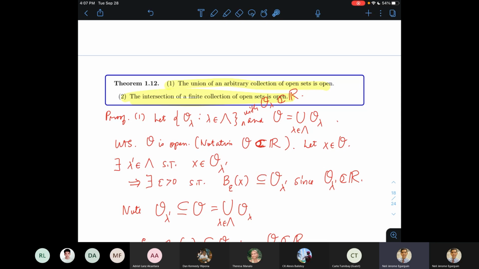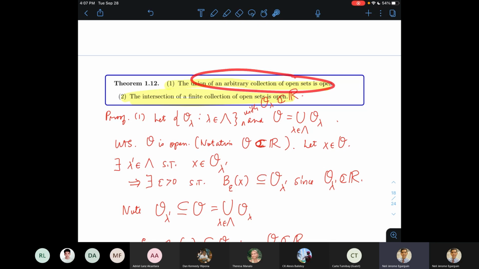A counterexample na hindi finite collection pero ng mga open sets tapos yung intersection niya ay hindi open. Probably that would be one problem in the upcoming problem set. So start thinking about that. What would be a counterexample to the statement the intersection of an arbitrary collection of open sets is open?